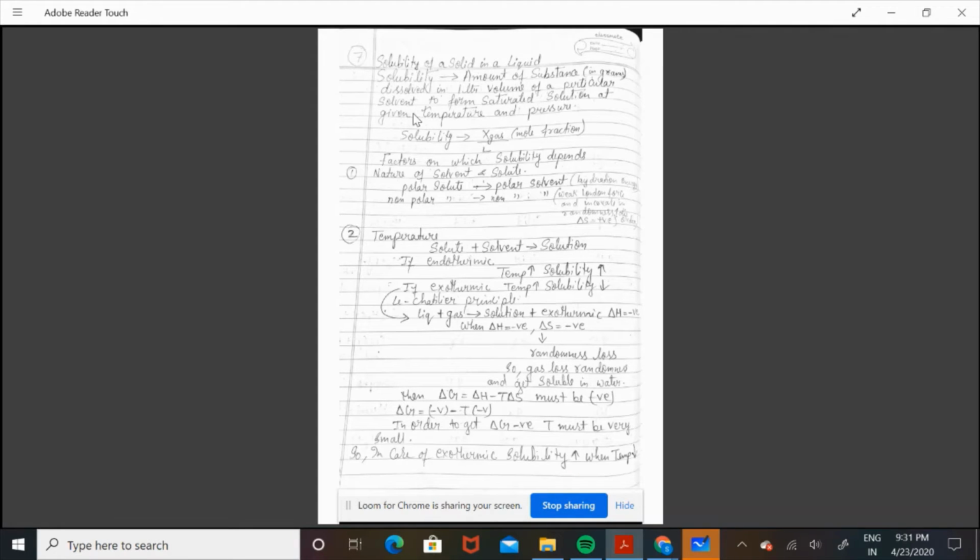So we can't say that for every solvent of 1 liter volume the amount of substance will behave like this. For every particular solvent, the amount of solute will behave in a different way. So the word particular is very precise here. The definition again: the amount of substance dissolved in 1 liter volume of a particular solvent to form a saturated solution at a given temperature and pressure.